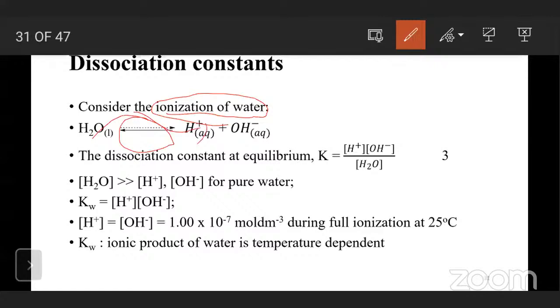From there, we described the hydrogen ion concentration and the hydroxide ion concentration of water to be the same at equilibrium at 25 degrees C, and that is 1.00 times 10 raised to the power minus 7. That can change with temperature. If you vary the temperature, that value will very likely change.